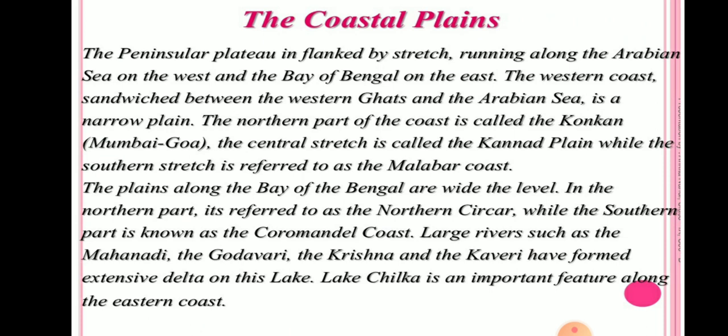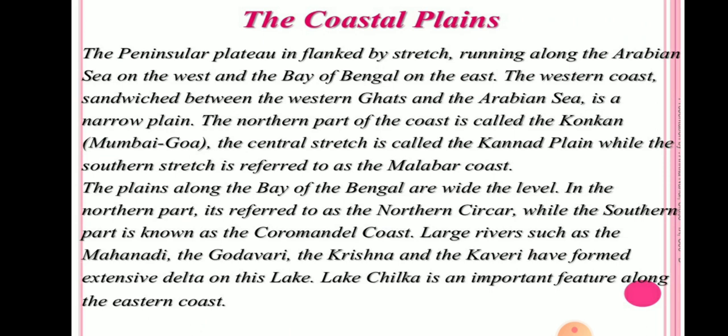The northern part of the coast is called the Konkan, from Mumbai to Goa. The central stretch is called the Kannada plain, while the southern stretch is known as the Malabar coast. Like that, this narrow plain is divided into three sections.